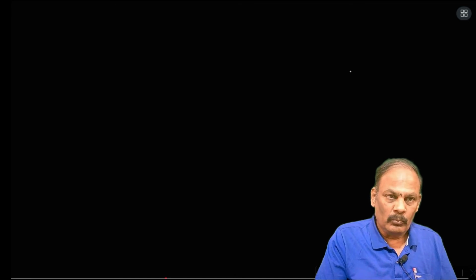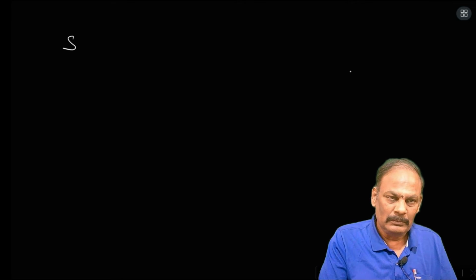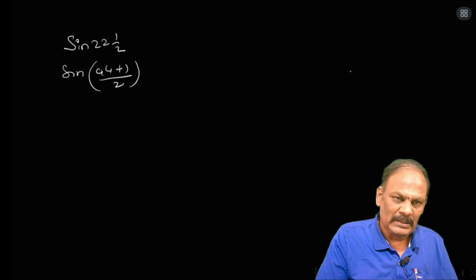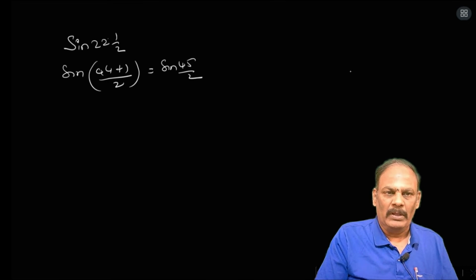Now next one, sin 22 and a half. 2 2s are 4, again 2 2s are 4, plus 1 by 2. This is sin 45 by 2.